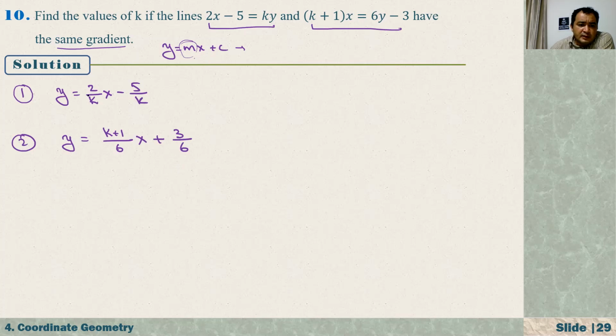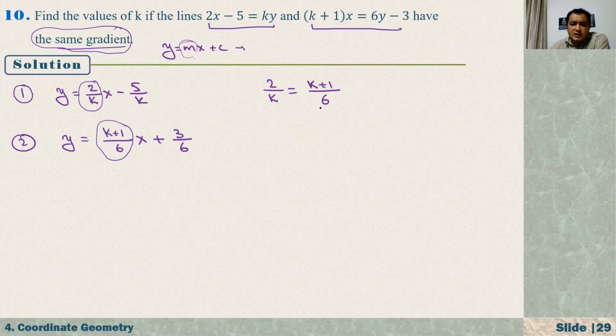Here, 2 over k is the gradient of the straight line, and here (k plus 1) over 6 is the gradient of the straight line. Since the question says they have the same gradient, these should be equal to each other. That means 2 over k should be equal to (k plus 1) over 6.